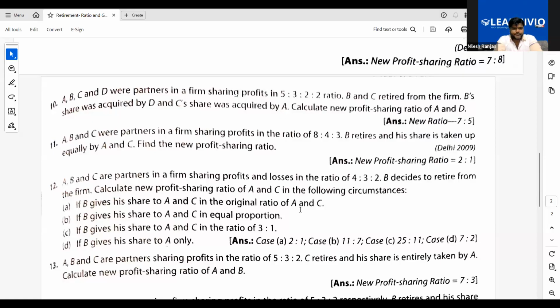Maria, 2 minutes. Sumaya, you are also trying? Yes, sir. You are also trying this question number 11. Okay, that's good. Tell me after you have completed it.